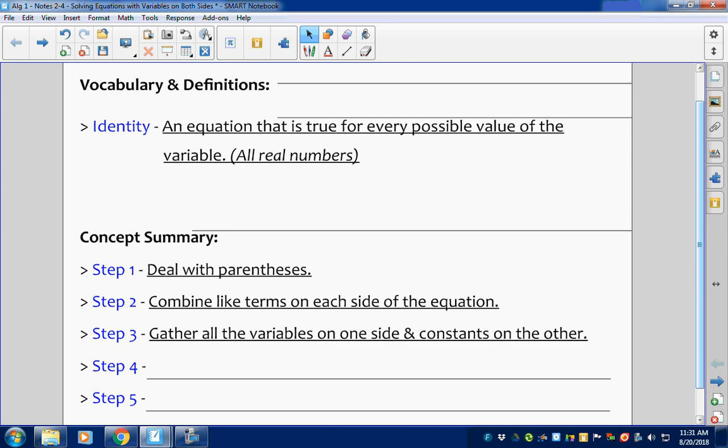Step 3 is gather all the variables on one side and constants on the other. I'm going to demonstrate that today. If you have variables on both sides, you want to get the variable onto one side, and then the other side will be just constants.